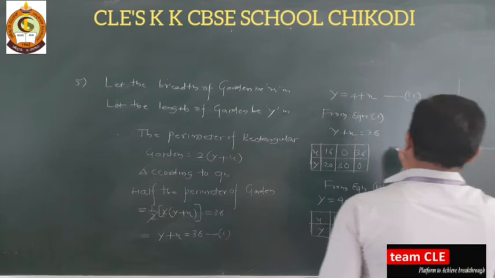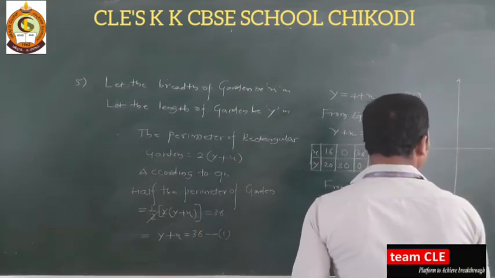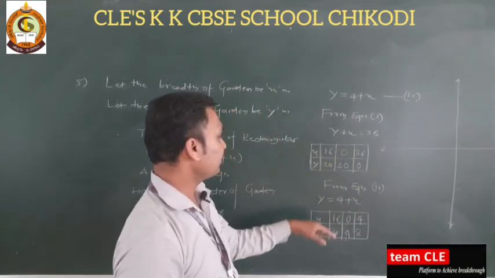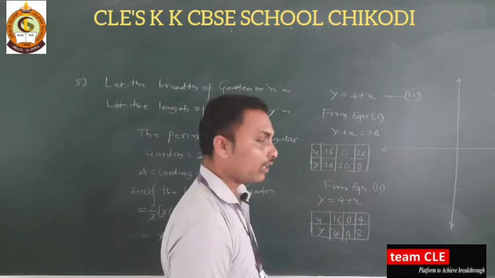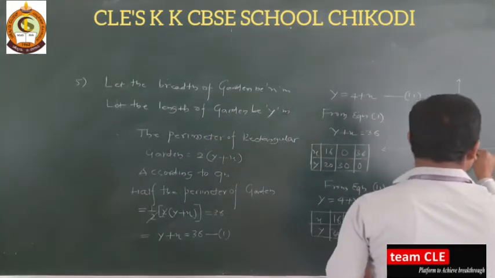Here you can see all the values. We have 36 as the highest on the x axis, and 4, 16, 20. So 1 unit is equal to 4.